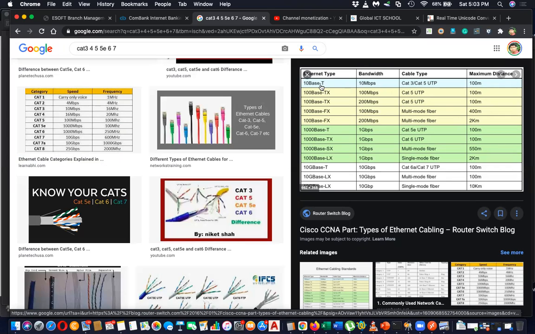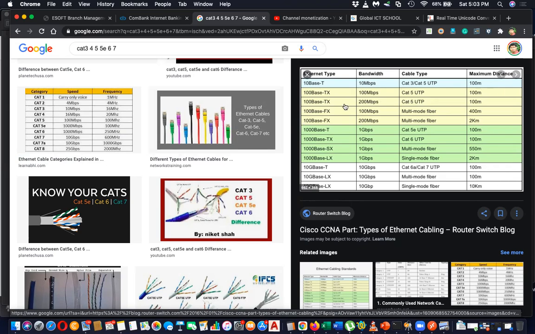Okay. And these are some technical terms. When you have Ethernet, not internet, right? Ethernet means local area network connection, no? In these local area network connections, you have these kind of things. 10 base T means 10 megabit per second twisted pair. Here the maximum distance is 100 meters. Then 100 base TX means 100 megabits per second using Cat5. Basically TX uses Cat5.